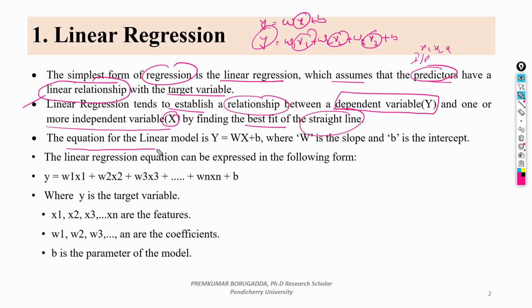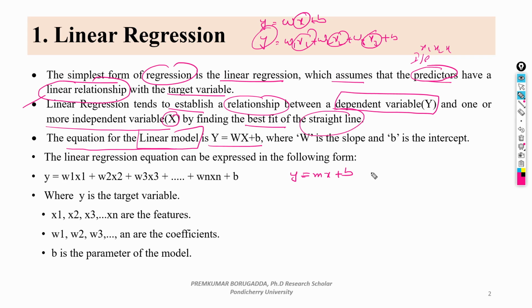The equation of the linear model is y is equal to wx plus b. Generally, when you read textbooks, you can observe a linear equation y is equal to mx plus b.